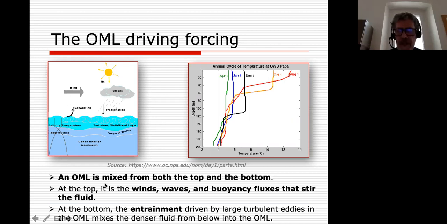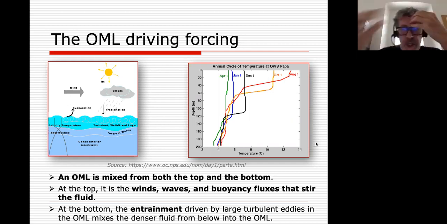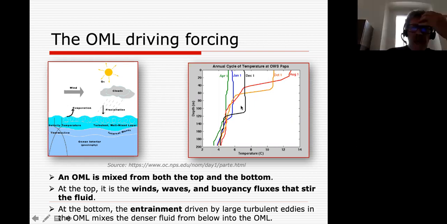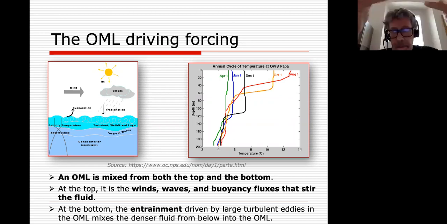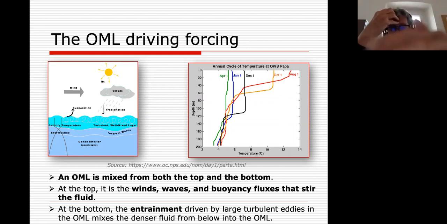I have to mention one thing here. We saw that the annual cycle of the mixed layer is quite well described by temperature, and we saw that there are many processes that interact with that, and they have this annual variability.